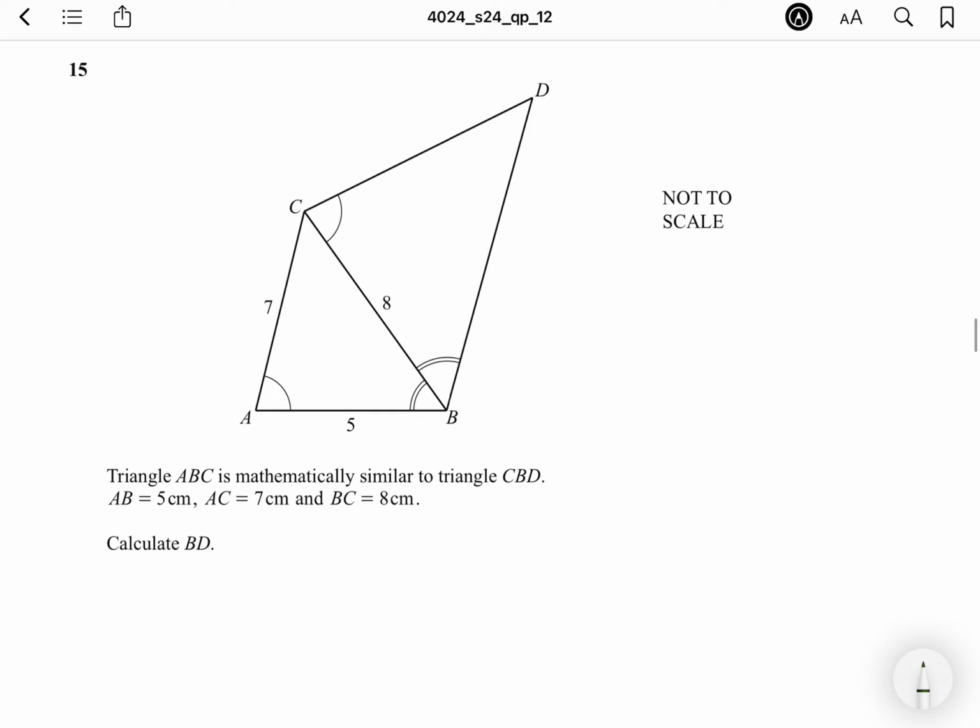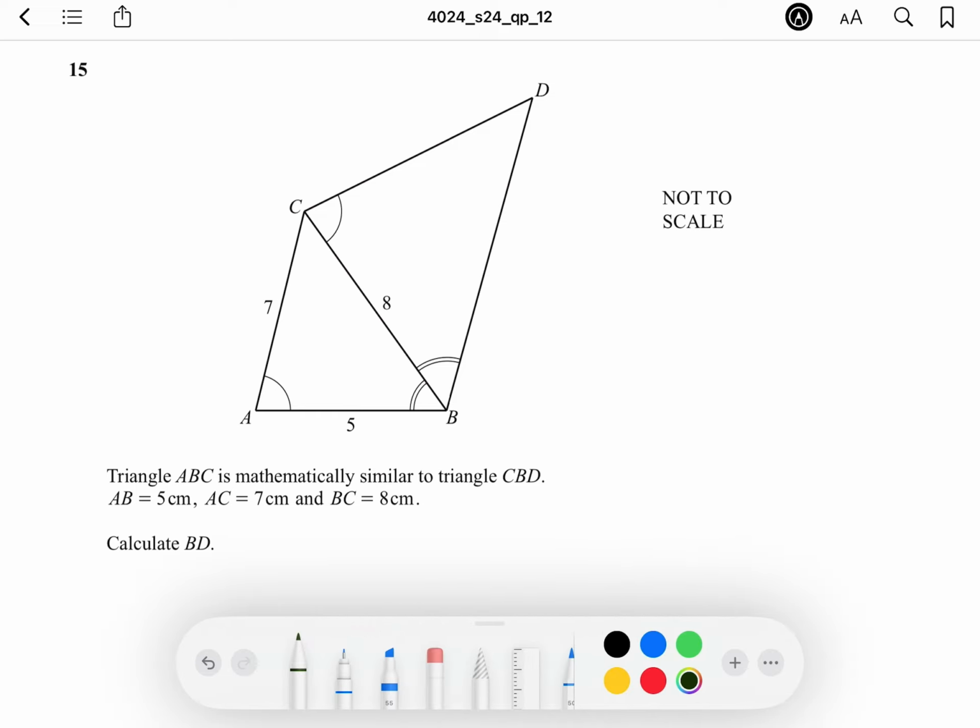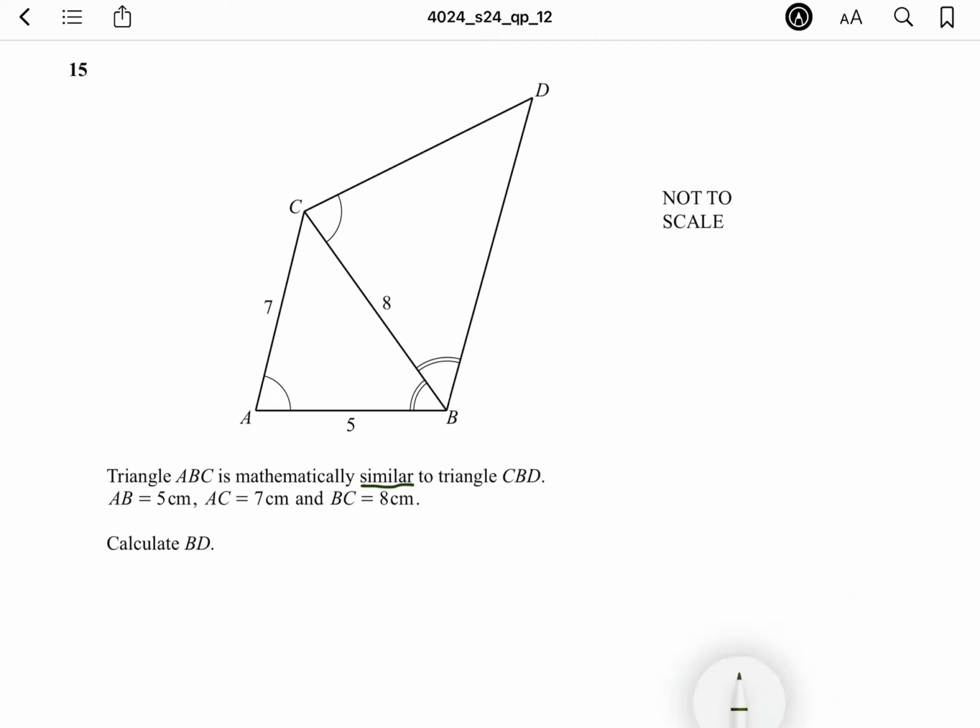Okay, question number 15. Can anybody tell me what is the keyword sini? Similar. And similar kata ni pakai method proportion. Proportion for corresponding sides.